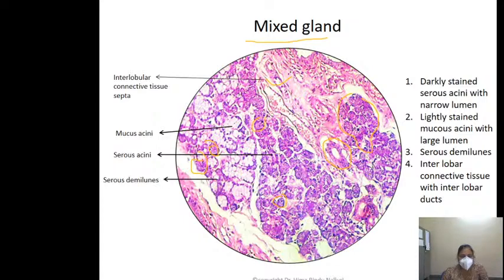So you see a number of mucous acini. How to identify the mucous acini? The mucous acini will be larger ones. These will be lined by tall columnar cells.